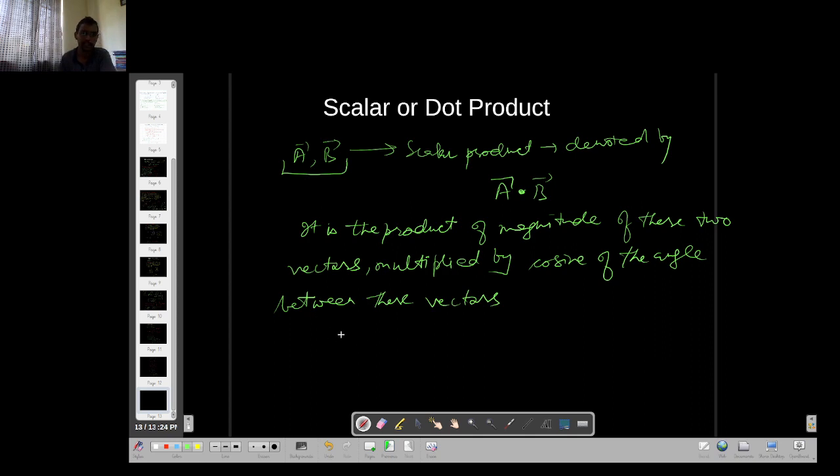So mathematically, this A dot B is equal to magnitude of first vector into magnitude of second vector and cosine of the angle between them.